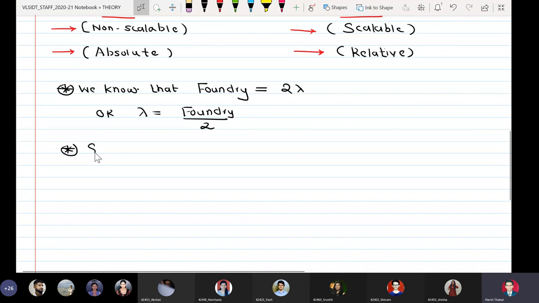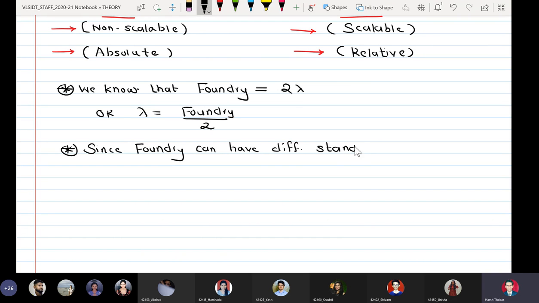Next, since foundry can have different standard values, such as 180 nanometers, 120 nanometers, 90 nanometers, 65 nanometers, and so on and so forth.